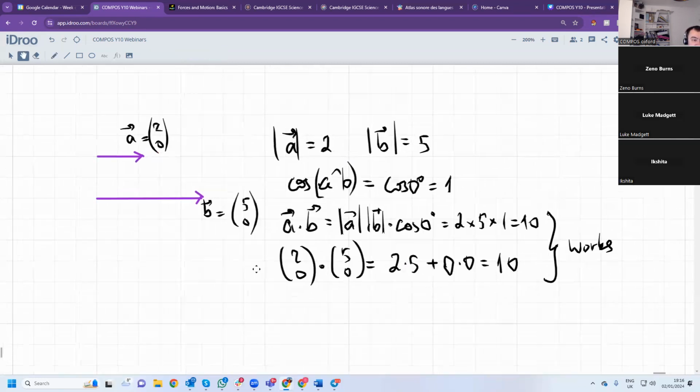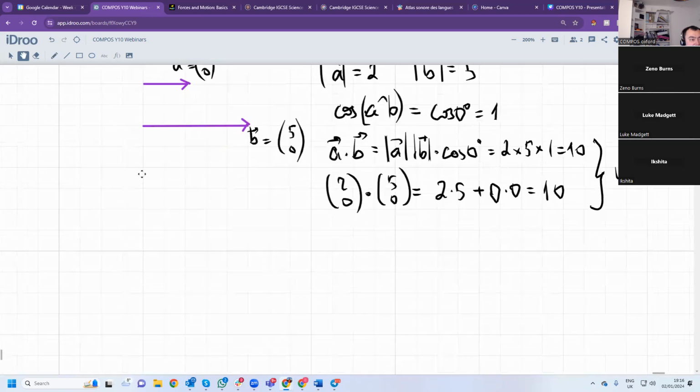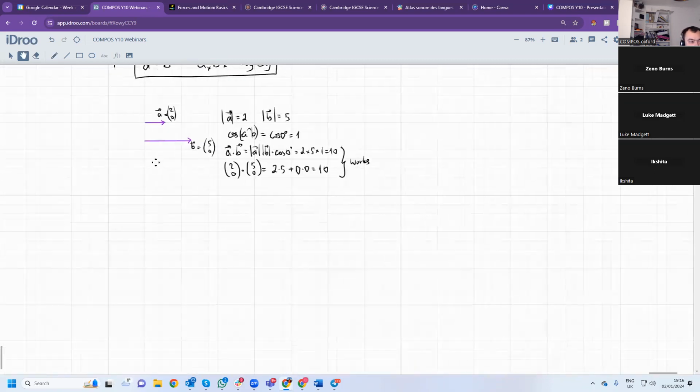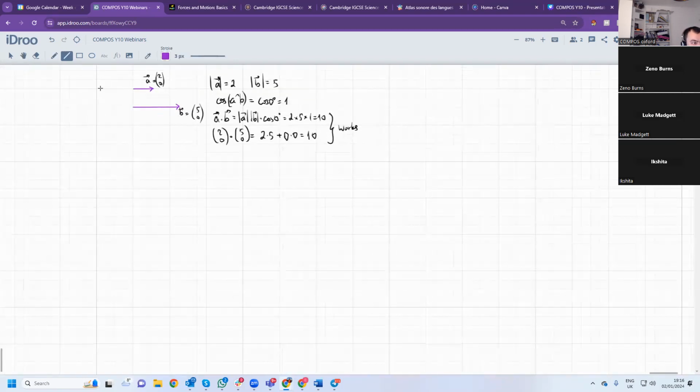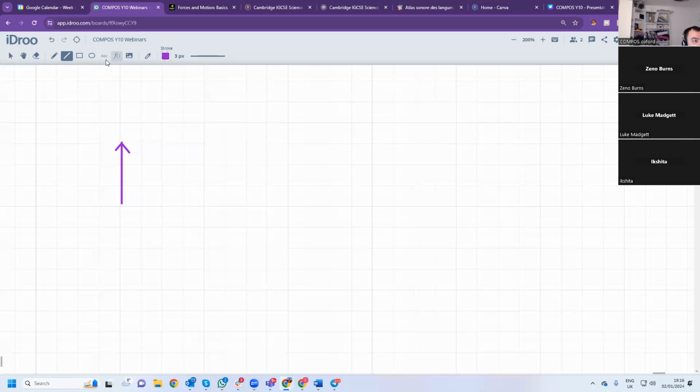Okay, let's see if we can do two other vectors. I'm going to do a simple example. So you have vector C, which is (0, 3), and vector D, which is (4, 0).